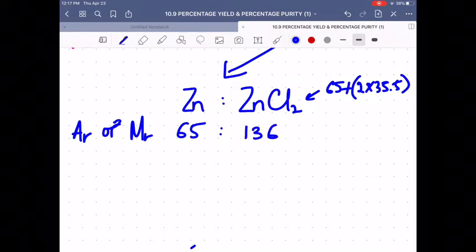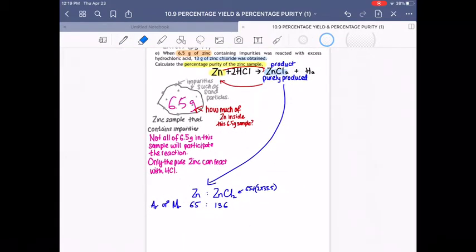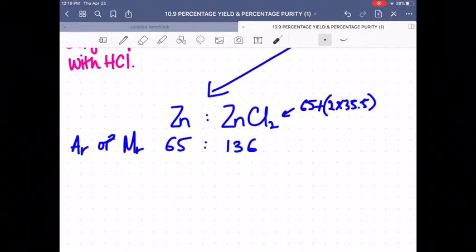This is the Ar or Mr. Next, how are you going to put your values into your calculation? Our given value for this case is the 13 grams of zinc chloride. So this 13 grams we are going to put into our ratio calculation.